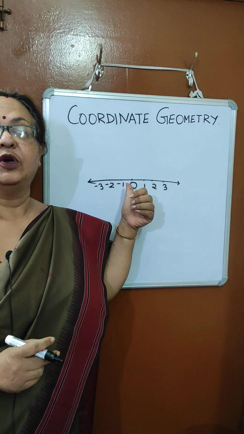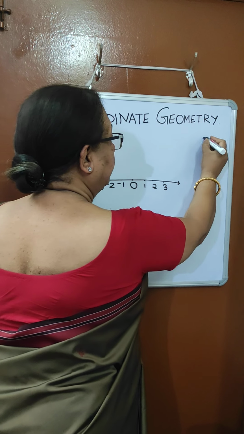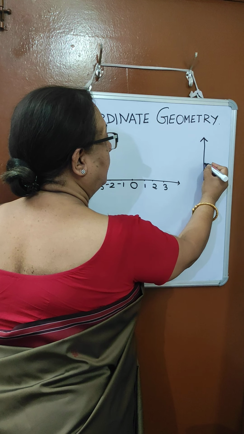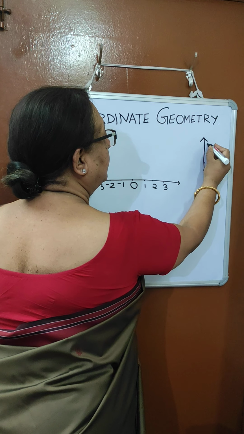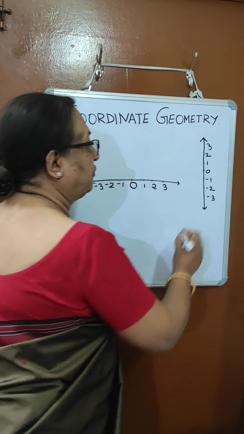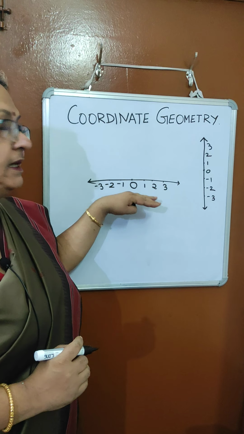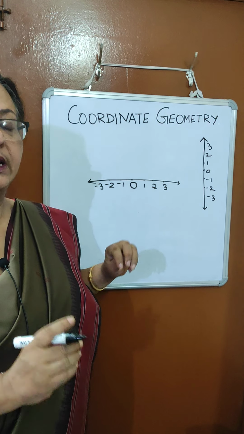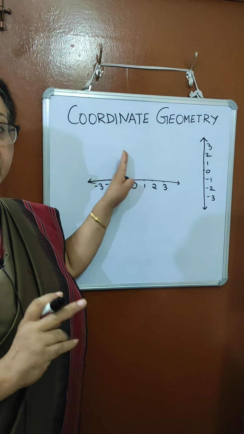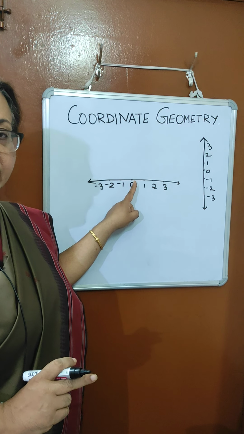You know how to find out or plot points on a number line. Now suppose I have another number line, zero, 1, 2, 3, minus 1, minus 2, minus 3. This is another number line, very similar to this, only that this is horizontal, this is vertical. Now suppose I bring this vertical line over here such that the 0 of this coincides with the 0 of this.